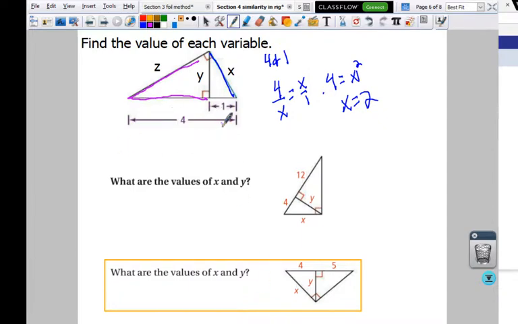Alright, so I'm going to have the geometric mean of 4 and what is this middle piece right here? 3. Oh, you guys got it. You'd be surprised how many people don't get that right away. Geometric mean of 4 and 3. I'm going to go 4 over z equals z over 3. Multiply them together, we get 12 equals z squared, which is going to be 3 point, what is it, 2.